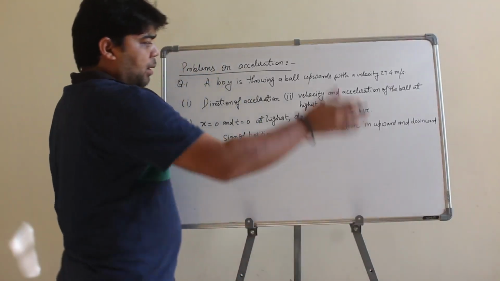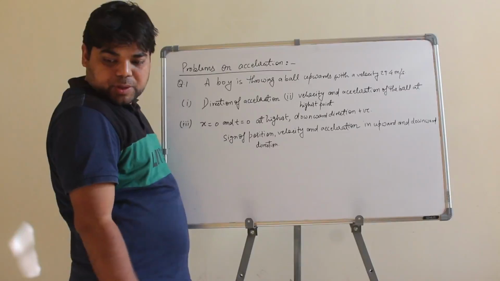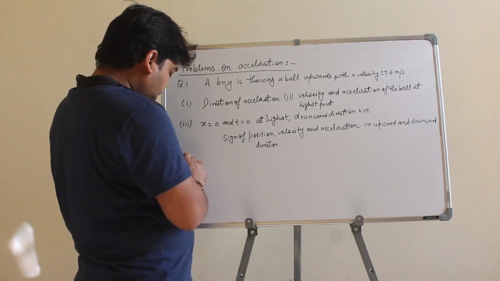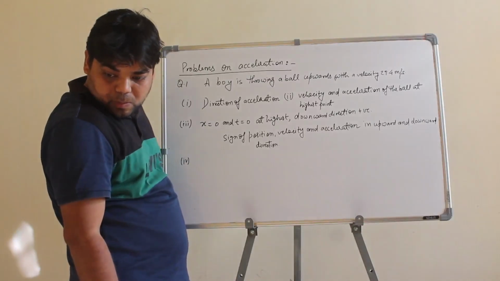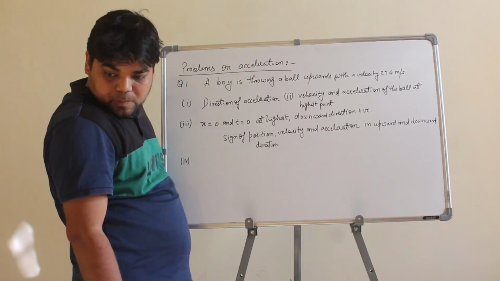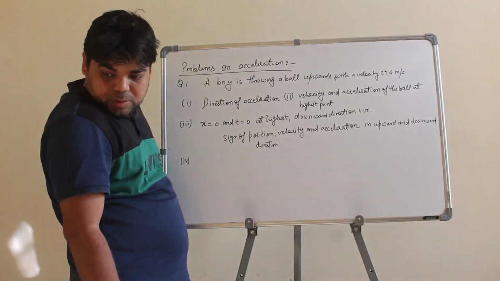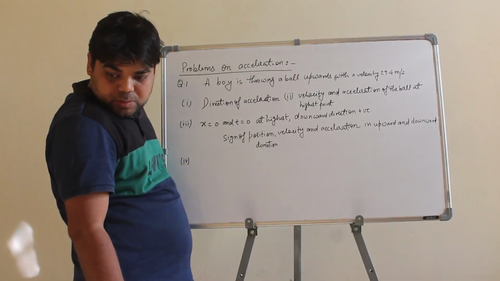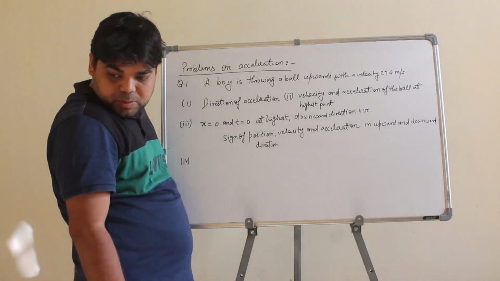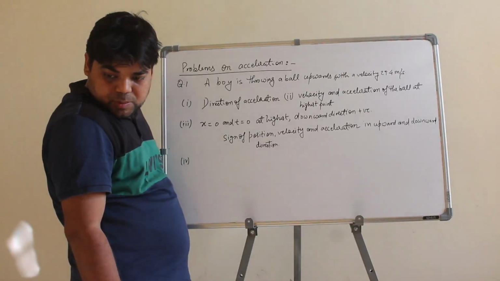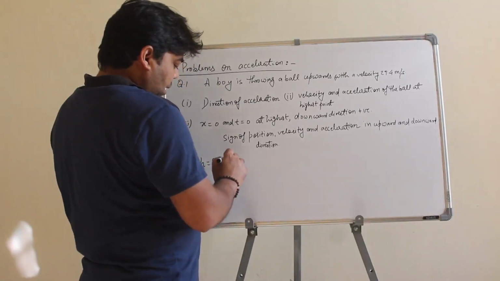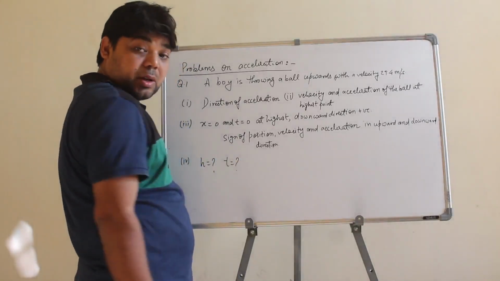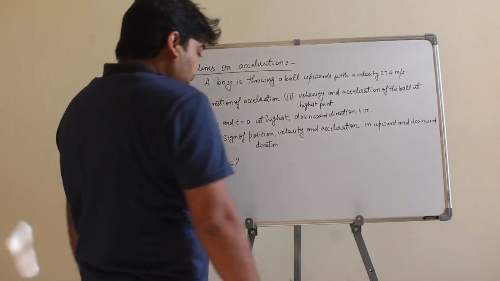These are the 3 questions, and the fourth is also there: to what height the ball rises, and the time t of return if the hand of the player is passed.